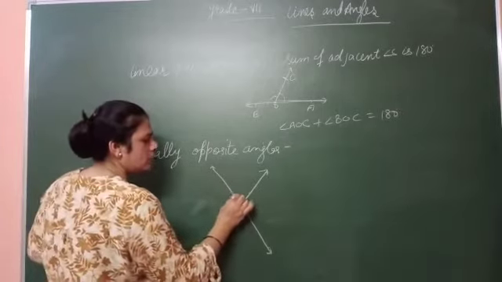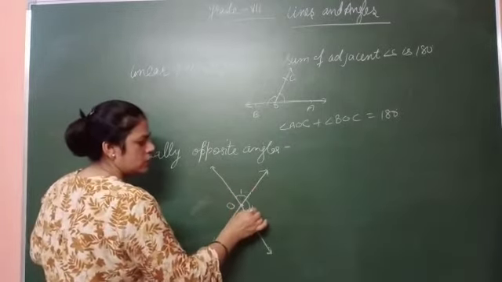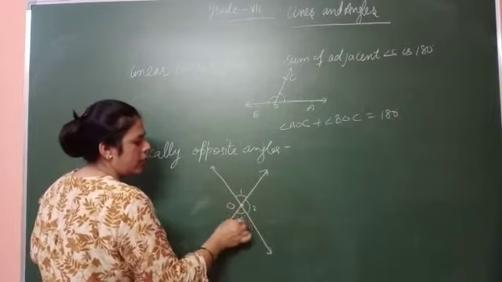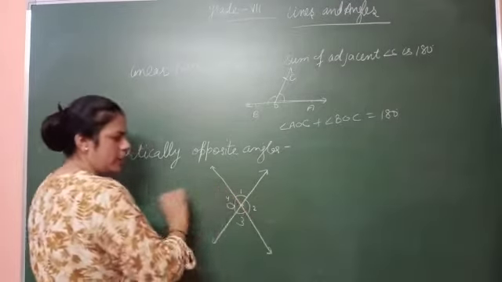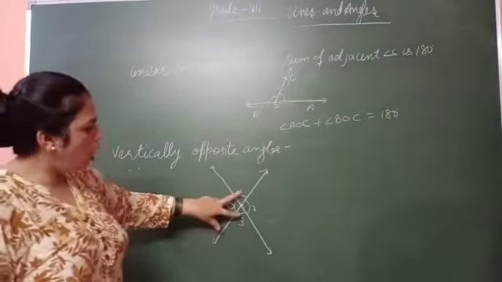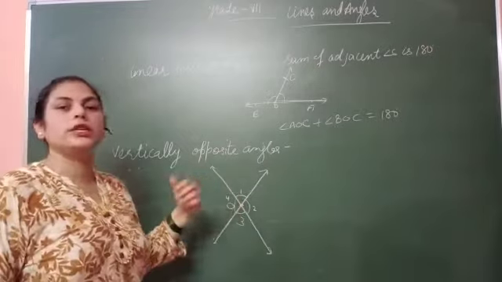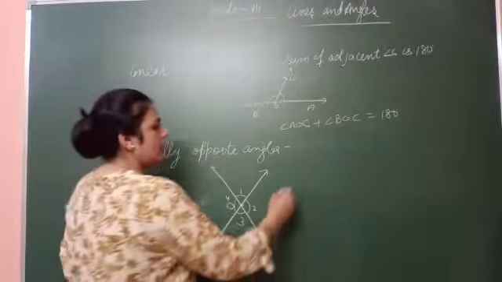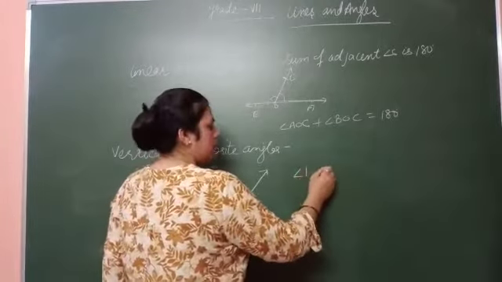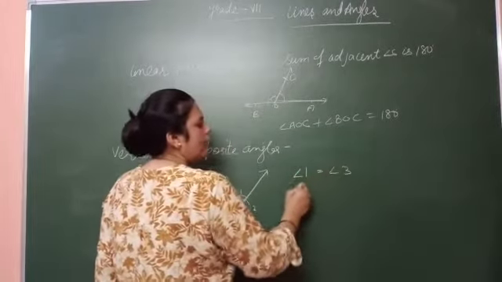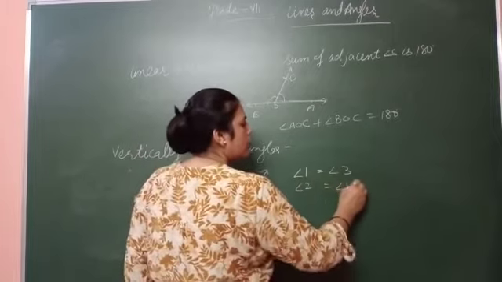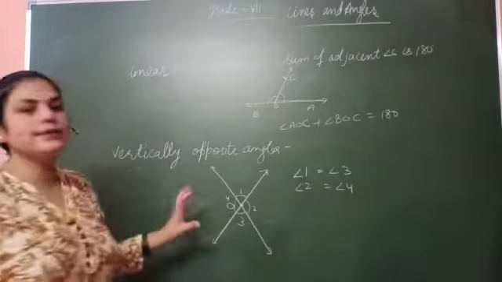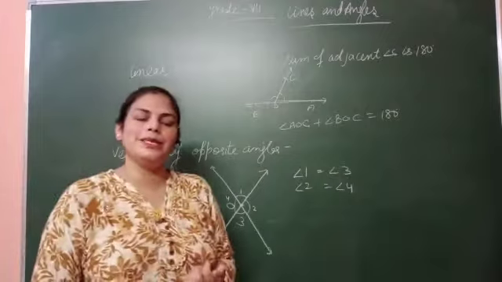Here the angles formed are 1, 2, 3 and here is 4. These four angles are formed. The opposite angles are equal, and they are called vertically opposite angles. Here angle 1 equals angle 3, and angle 2 equals angle 4. Clear?